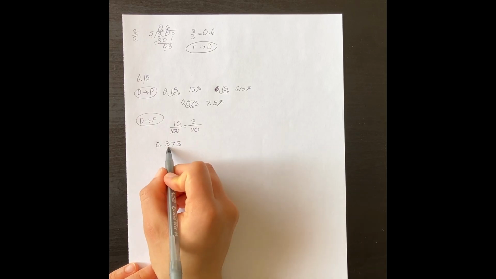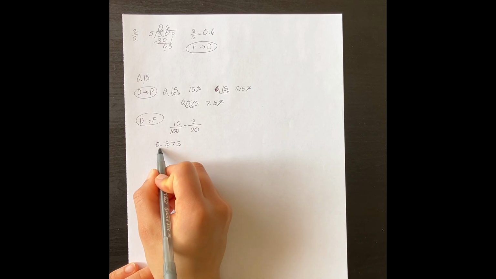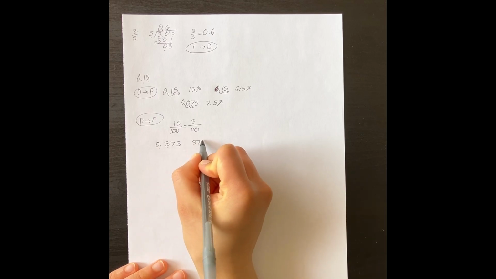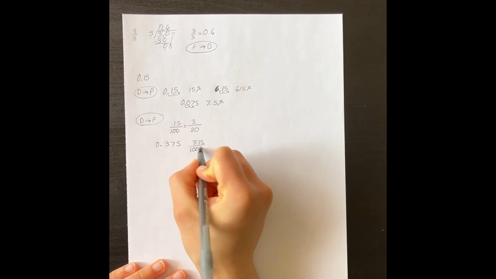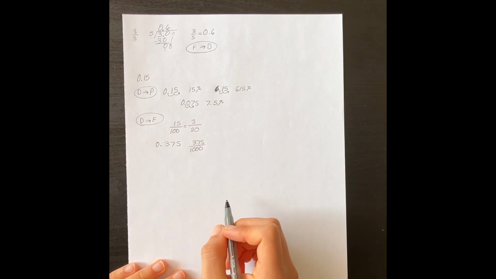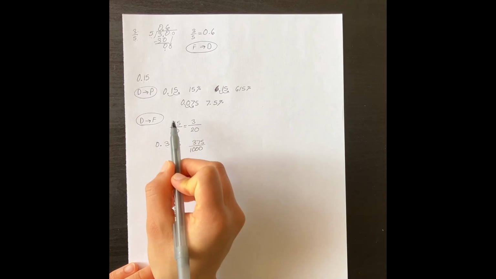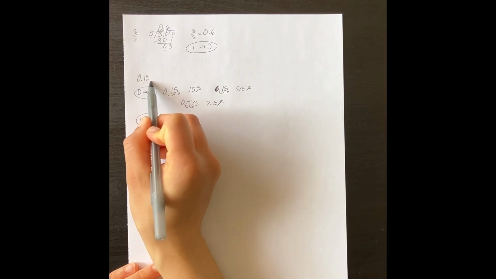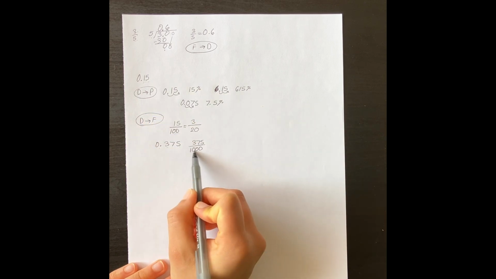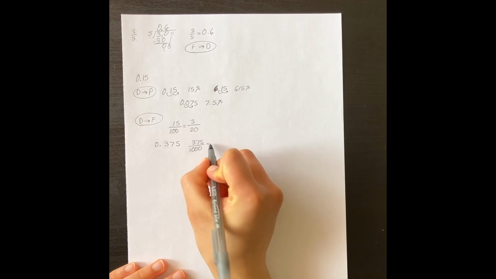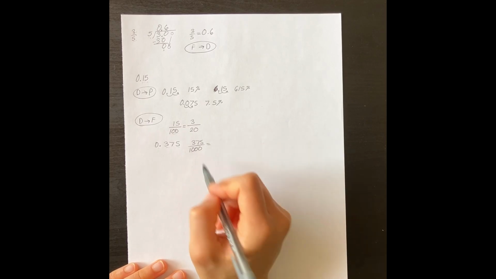Now, because there are 3 numbers behind the decimal point instead of just 2, we're going to divide this number by 1,000. So it's all based on the number of decimal places and the number of zeros. Here we have 2 zeros because there were 2 numbers behind the decimal point. Here we have 3 zeros because there are 3 numbers behind the decimal point. And then you could reduce this fraction just like we did up here.